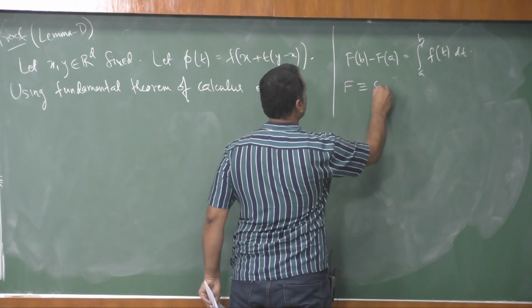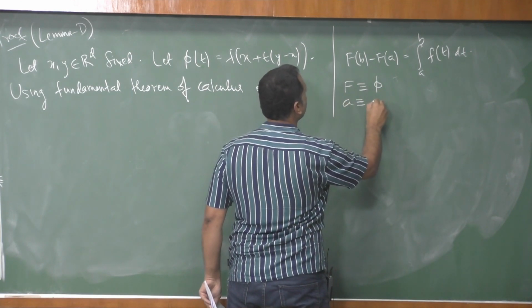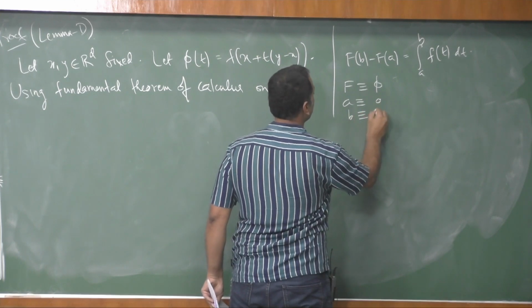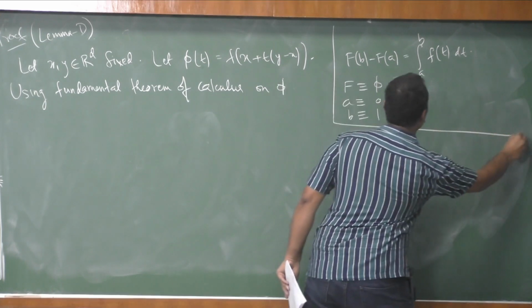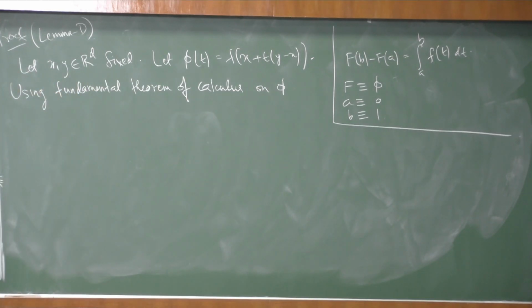Now what we are going to do is use phi. A we define to be 0 and b we define to be 1. Okay, and then I want f(y), right? t equals 0 will give me f(x). Is it okay with f(x)? No, I think I should go with f(y), right?